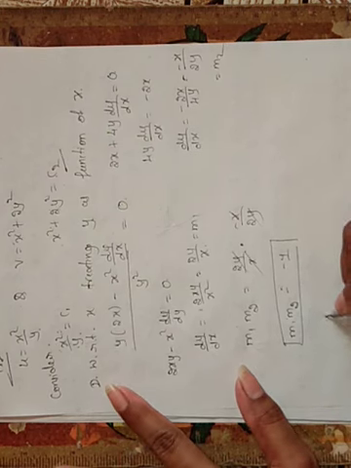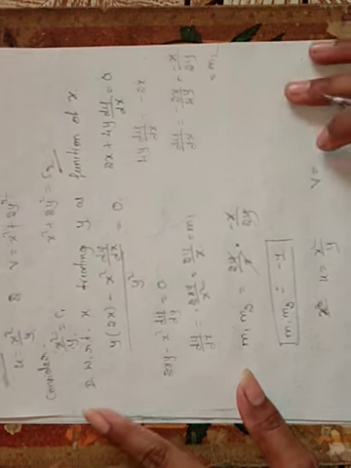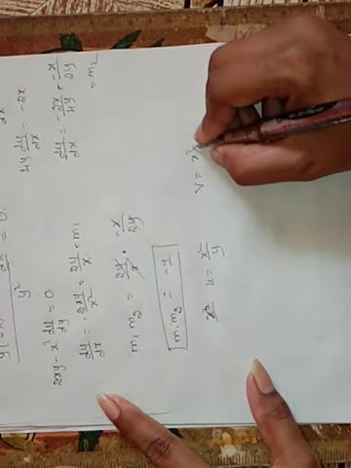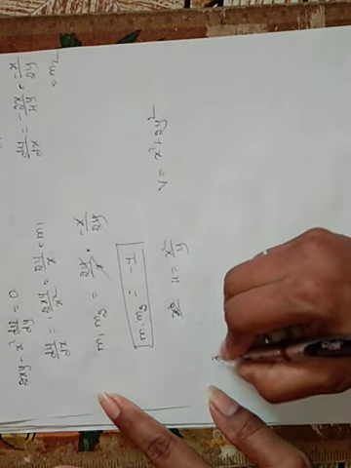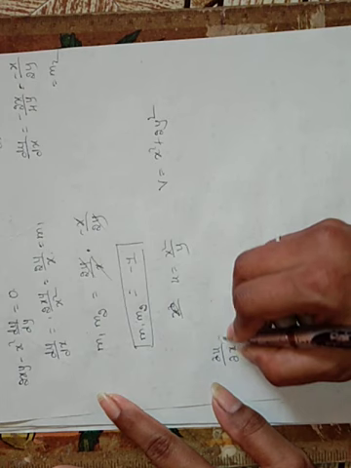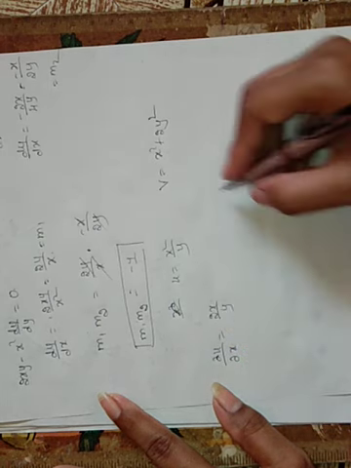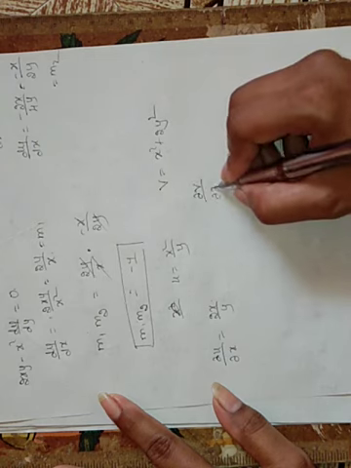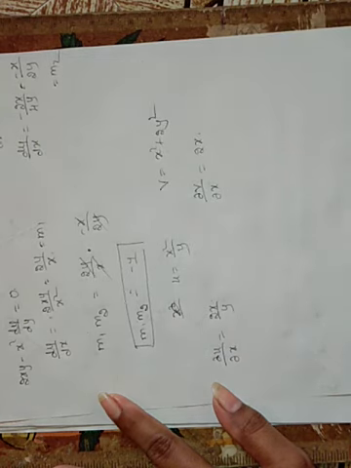So your curves are u equal to x square by y, v equal to x square plus 2y square. So I am going to consider ∂u/∂x equal to 2x divided by y. ∂v/∂x equal to 2x.